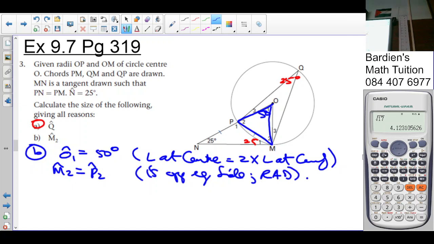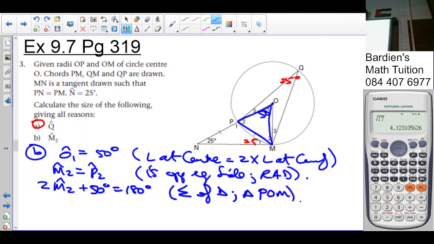So remember they wanted M2. So M2 plus P2, which is also M2, 2M2 plus 50 degrees equals 180. Why? Sum of angles of a triangle, and it's triangle POM.